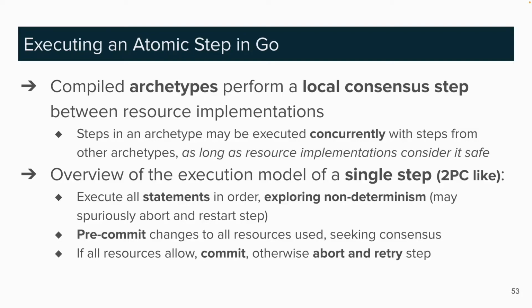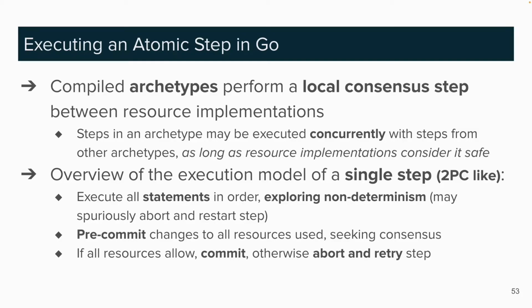And that consider-it-safe part is the local consensus step. This is not global. This doesn't go outside of even the same archetype, even if you have multiple archetypes running on the same process on the same machine. This is literally a strictly local thing that happens to determine whether a label is successful or not. So to outline it, it's very similar to 2PC. We're strongly inspired by that very general protocol.